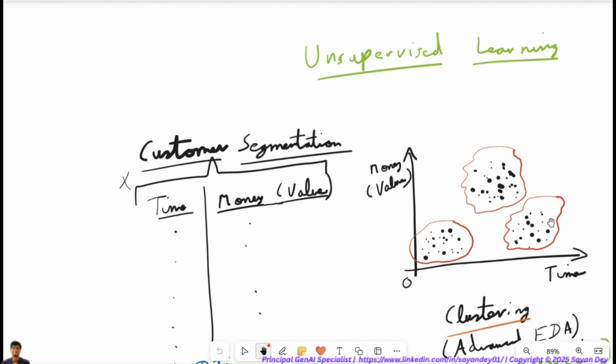Every dot corresponds to one customer. And for every customer, we are tracking how much time the customer has spent on the site and how much value the customer has spent.